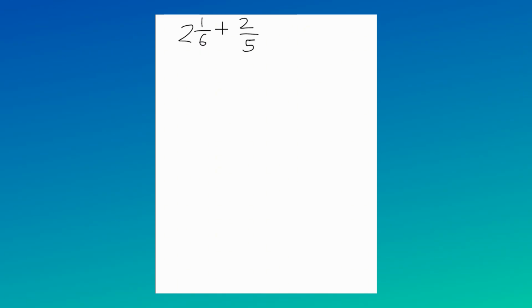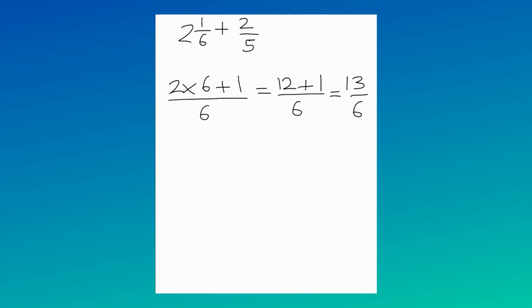And the way I do it is I do 2 times 6, which is the denominator, and then I add on the numerator, and I divide that by the denominator of the question. So that equals 2 times 6 is 12, plus 1 gives us 13 all over 6. So I'm now left with 13 over 6 plus 2/5.